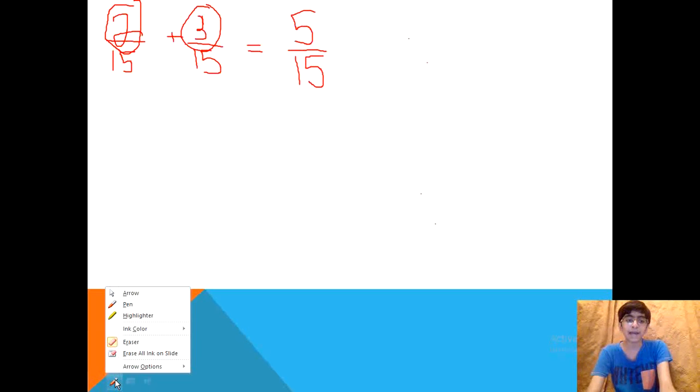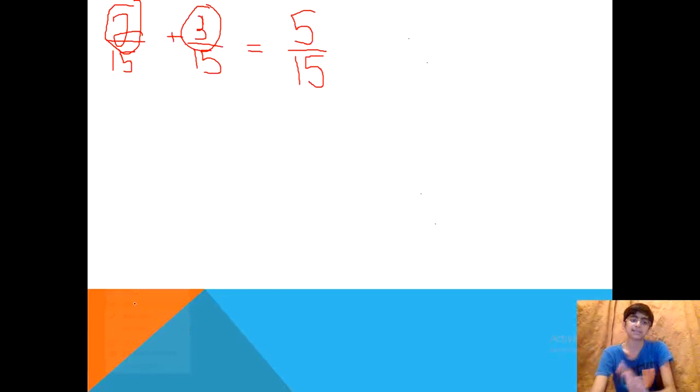Now after we have added these fractions, we can't leave it just there. First we have to simplify this fraction.